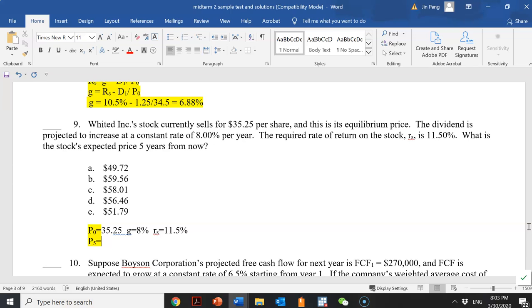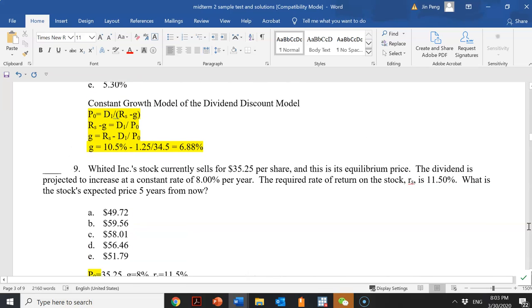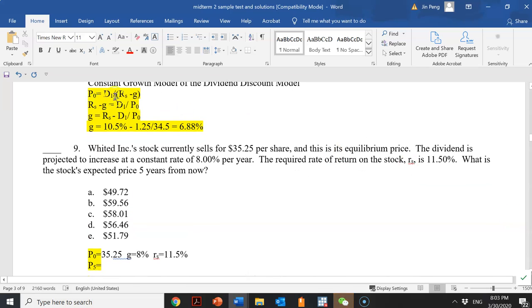Then you have to solve for D1, and D1 is going to be P0 multiplied by RS minus G. So you can use P0, G, and RS to solve for D1, and then solve for D6, and then calculate P5. That's going to be a little bit complicated if you use the original model.